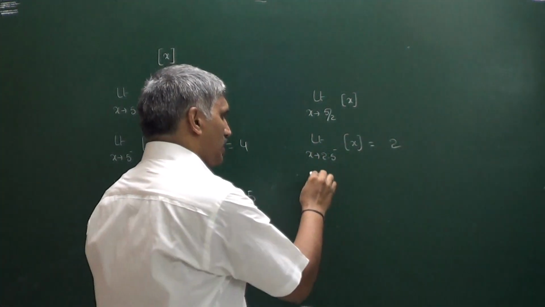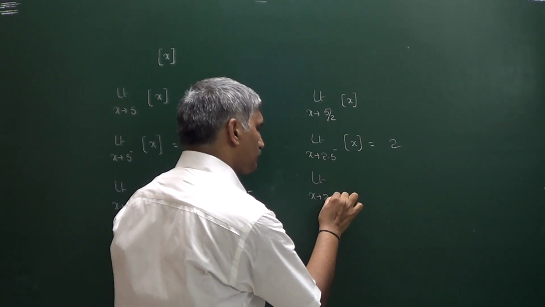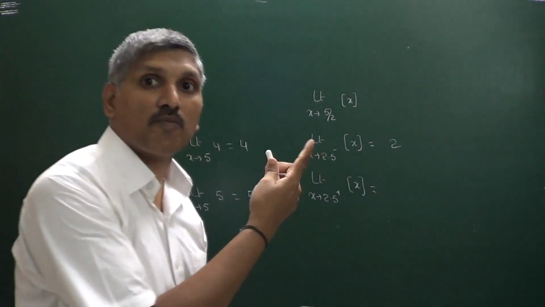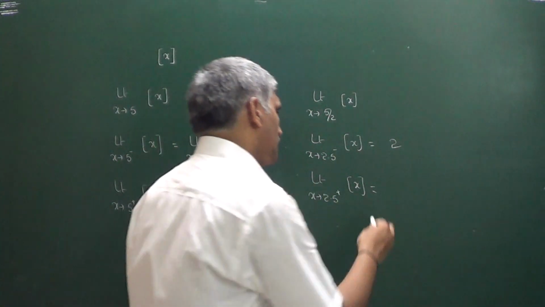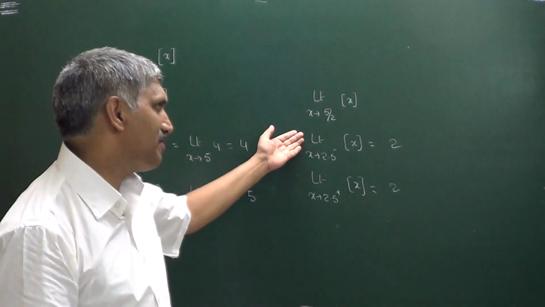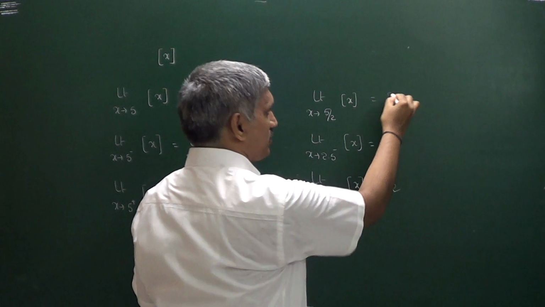Here also limit x tends to 2.5 plus integral part of x. Here 2.5 plus means 2.5001. In that case also this integral part is becoming 2 only. So left hand limit, right hand limit both are equal. So I can say this limit value is equal to 2.